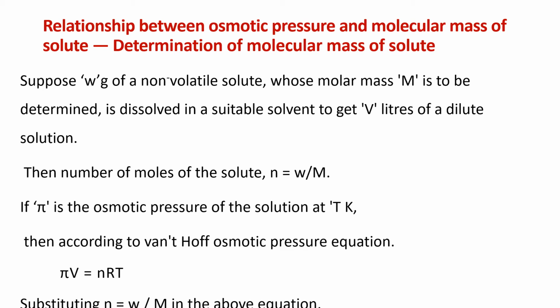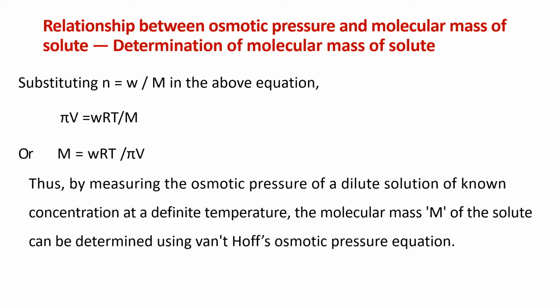We have already known that n is equal to W by M. Substituting n is equal to W by M in the equation pi V is equal to nRT, we get pi V is equal to WRT by M, or M is equal to WRT by pi V. Thus, by measuring the osmotic pressure of a dilute solution of known concentration at a definite temperature, the molecular mass M of the solute can be determined using Van't Hoff's osmotic pressure equation.